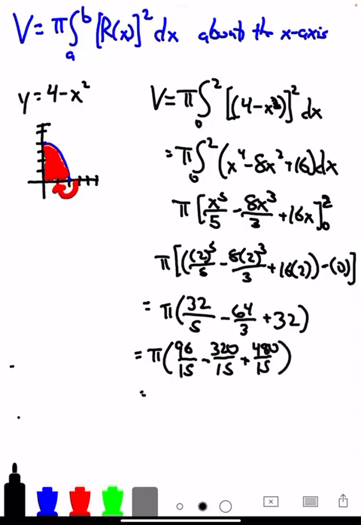Now, what we do is add up all of these like terms, and this is going to give us 256 pi over 15. Now, the main thing that we want to point out is, even though this is a Calculus 2 problem, there's an emphasis on algebra.